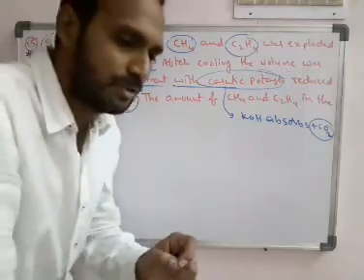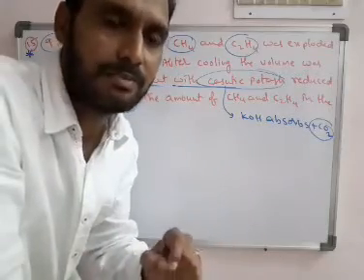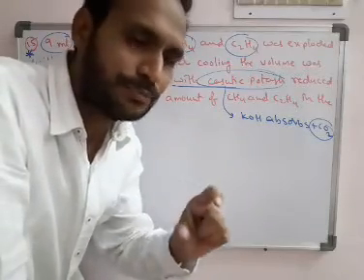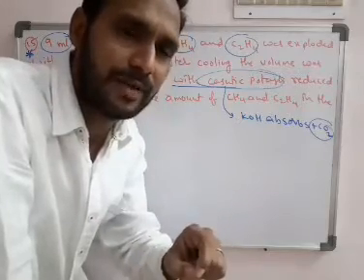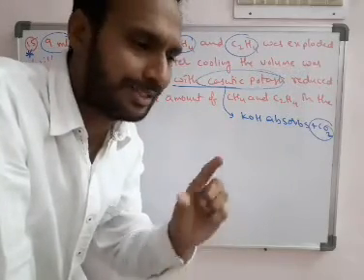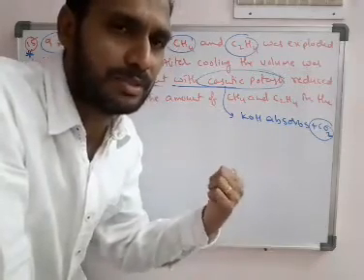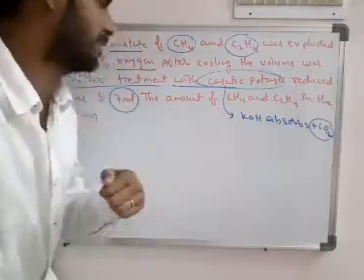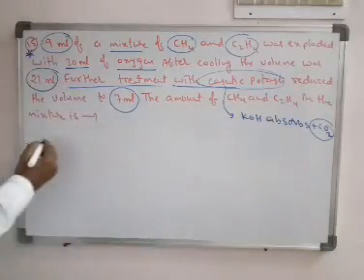Here the volume is reduced from 21 milliliter to 7 milliliter. The reduced volume is not 7 milliliter; I have to understand the sentence clearly. The volume is reduced from 21 milliliter to 7 milliliter. So what is the amount of methane and C2H4 in the mixture?